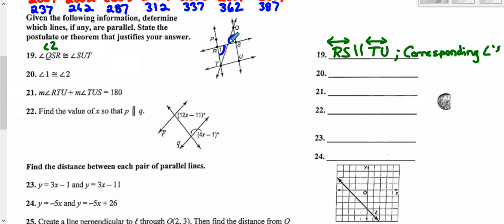Notice those are going to make these two lines, the vertical lines, parallel. So we'll say that line RT is parallel to line SU. And the reason there is alternate interior angles.